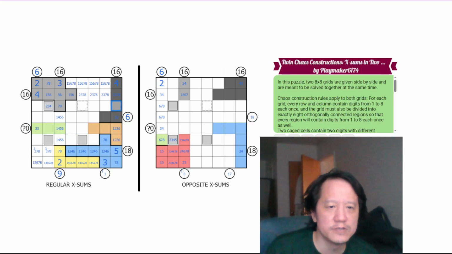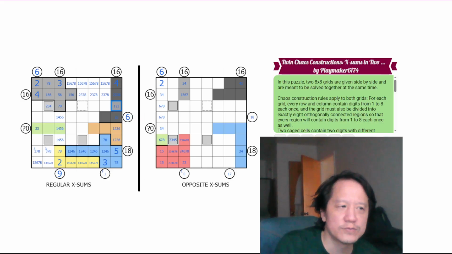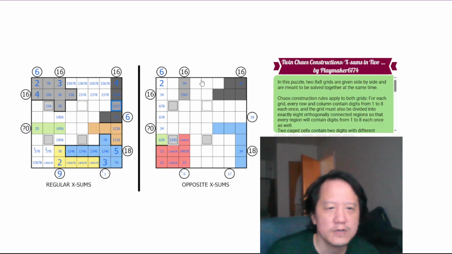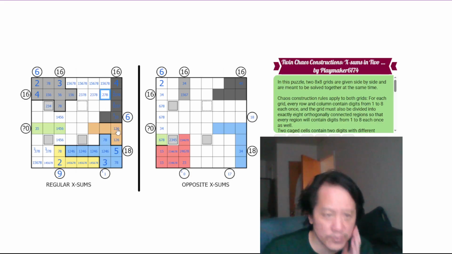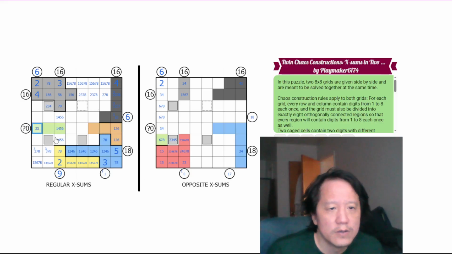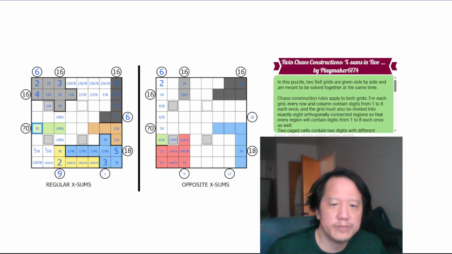But this makes sense. 1, 2, 3, or 7. And one of these is 3, which means this can't be 3 here. This can't be 3 either. Yeah, so we're trying to make this assumption of 5.